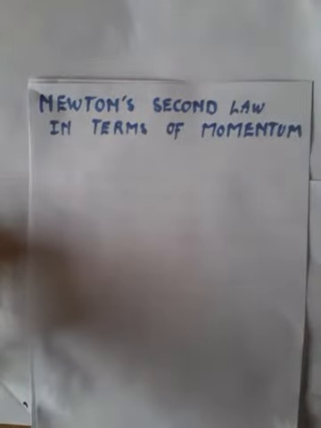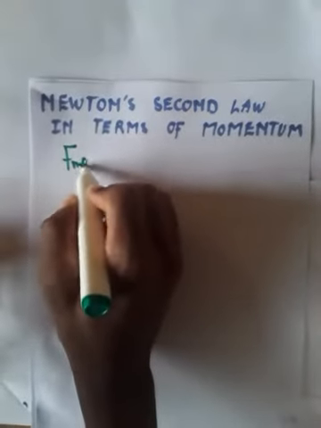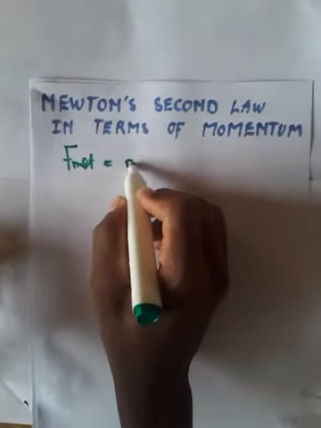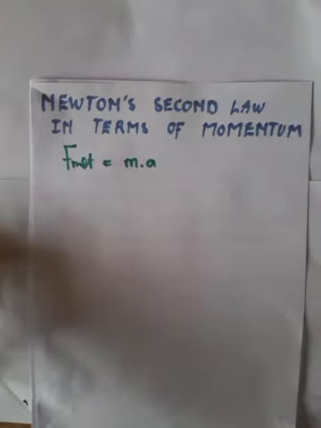We also revised Newton's second law, where we said F net is equal to ma, which is mass multiplied by acceleration.